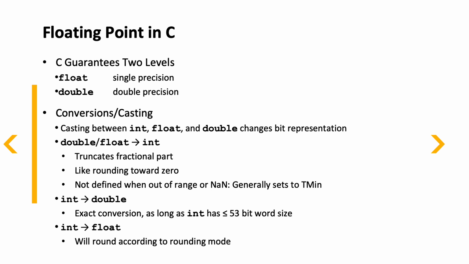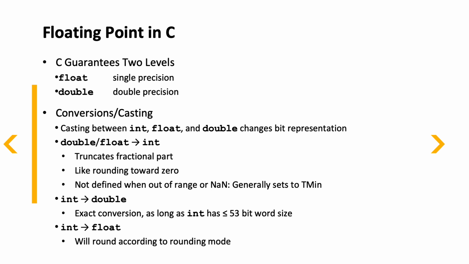Some interesting things to keep in mind have to do with how we do conversions and casting, right? If I want to go from int to float to double, and whatever combination of which of those I want to go to the other one on, we're going to change the bit representation. This is not like going from an unsigned to a 2's complement integer, where we kept the bit representation and just reinterpreted. When we're dealing with floats and doubles, we're going to change the bit representation.